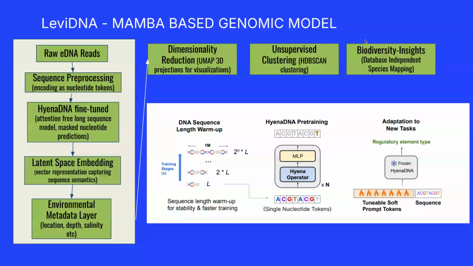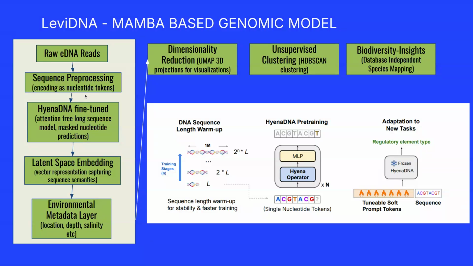Our architecture works like this: we give the raw DNA input to the model for sequence processing, then encode it as nucleotide tokens, the token system that was used in the nucleotide transformers. Then we take those tokens and give them to the fine-tuned HyenaDNA.